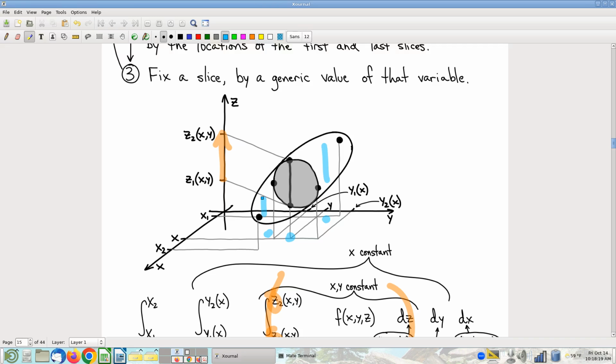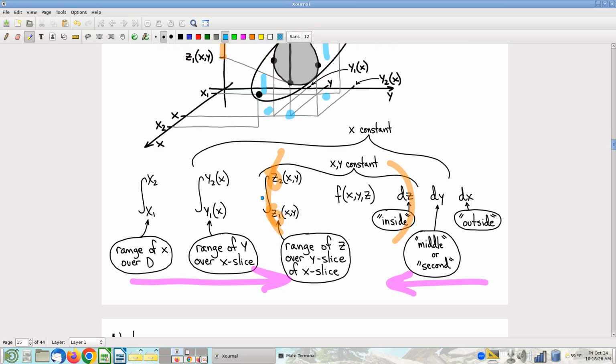So those z bounds depend on both x and y, so they are functions of both x and y. Notice then, functions of the variables further to the outside.